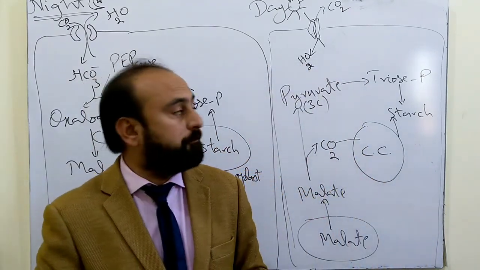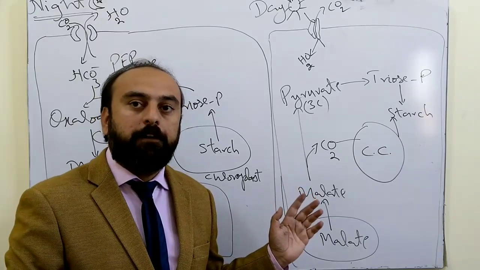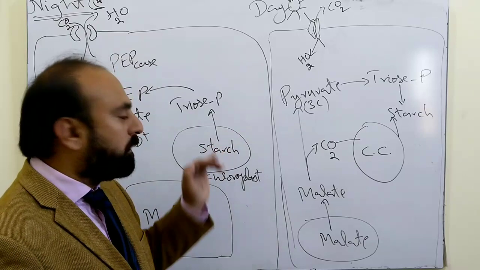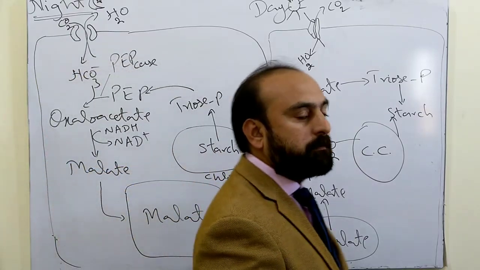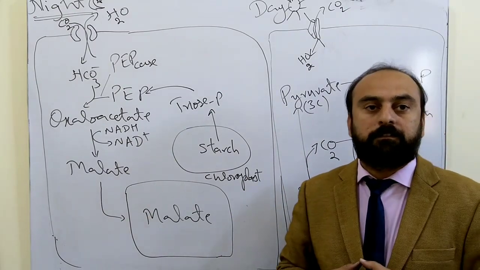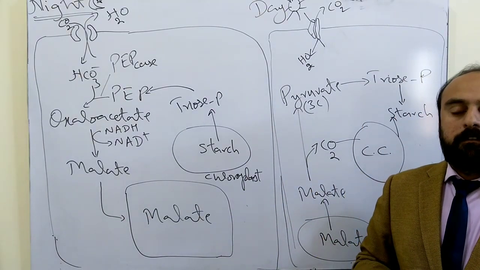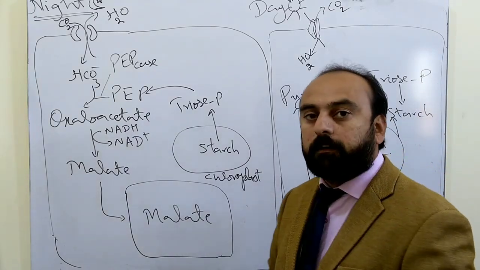And this is different from C4 plants also in the sense that PEP is derived from stored starch instead of the carbon intermediates as in the C4 cycle. CAM plants can retain and re-assimilate respired carbon dioxide as well.